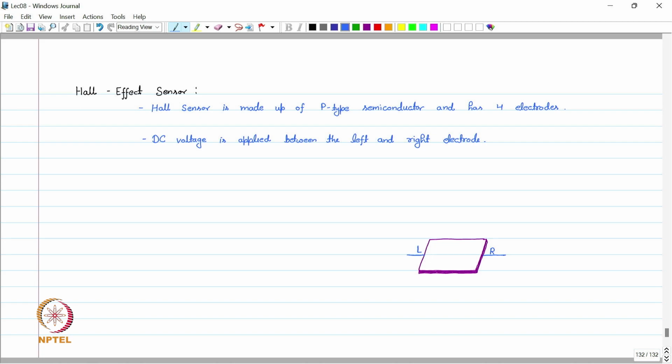These are the terminals going out, and we apply a voltage across these 2 terminals. So let's say this is V external or the DC supply.